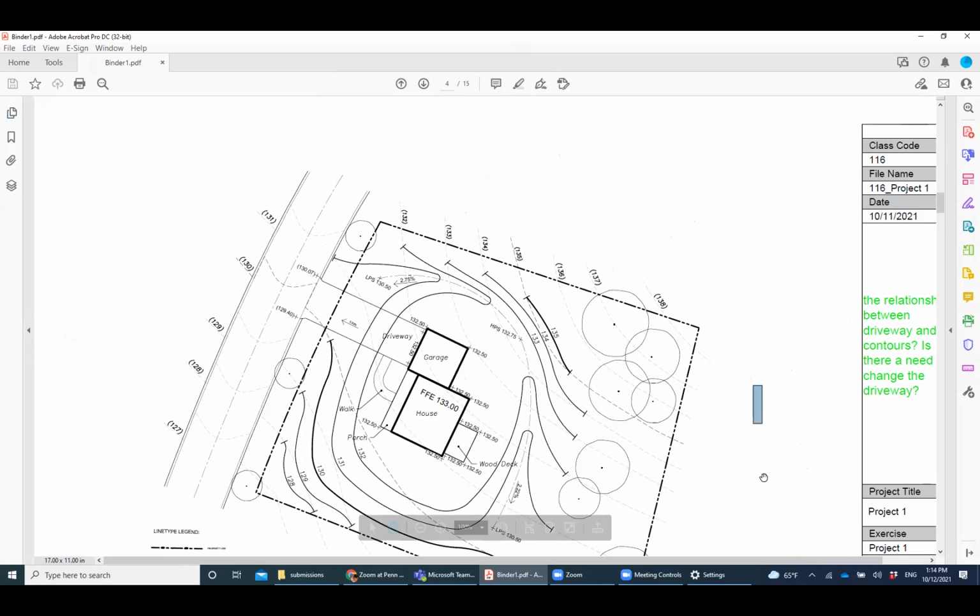So enlarge your spot elevation sizes. Now, not spot elevation, slope arrow, sorry, slope arrow. So this is 3 point something, right? About 4%. This slope arrow. That one?